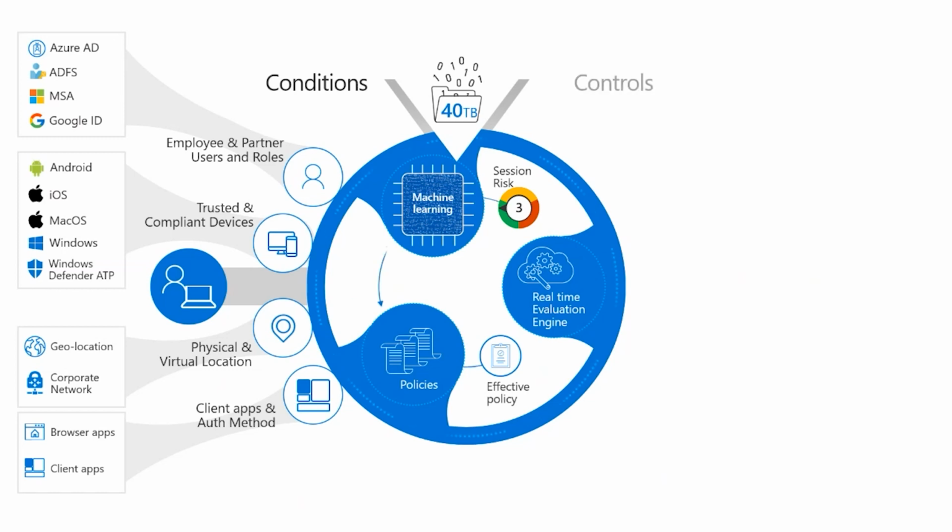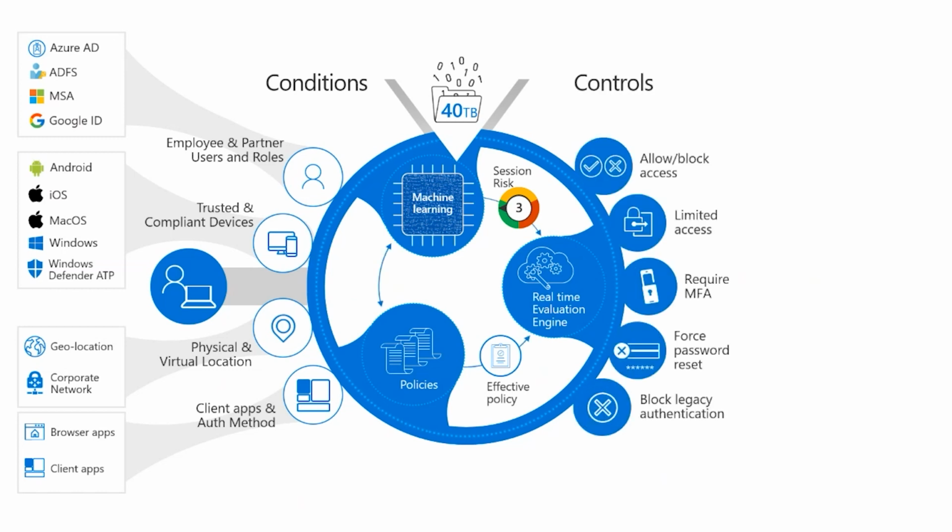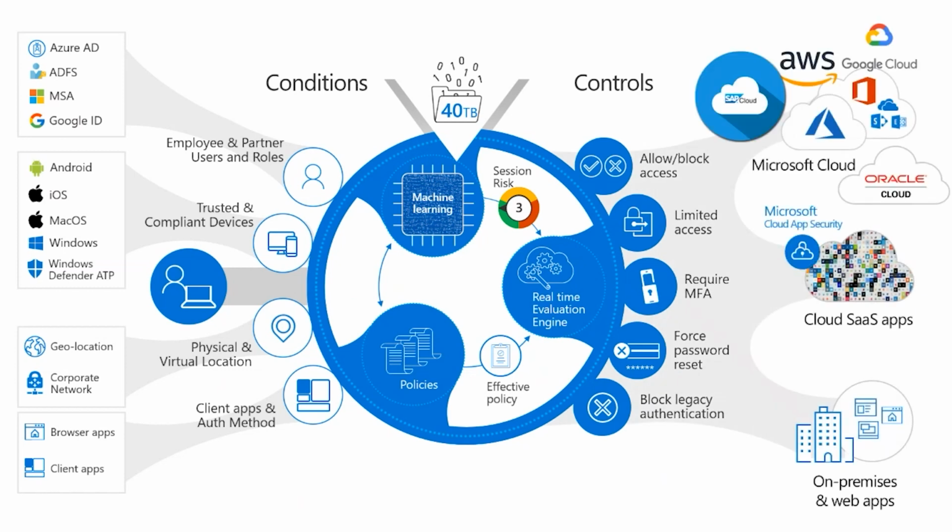If I use the network as an example, it is easy to create a policy that says inside the corporate network or outside the corporate network. It's not the same to create a policy that says I want to look for abnormal locations, impossible travel, for example, atypical locations. That's the concept here. Leverage a lot of the signals that our platform, which processes billions of authentications per day, has, in order to determine how risky a session is, how risky a user is, and how risky a device is.